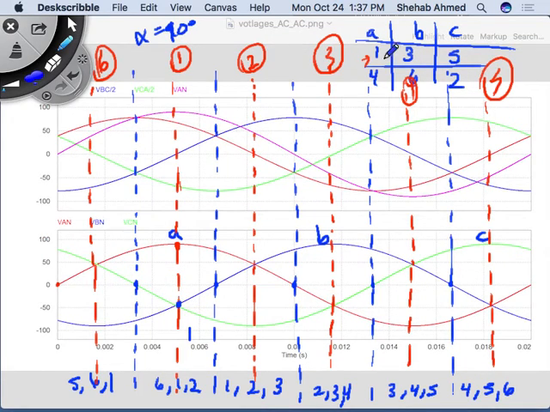Current has to come from the source and come back through another path. In this case, A is the highest, and I provided a gate signal for thyristor 1. Current will flow from a higher voltage to a lower voltage, even if the two voltages are positive, or even if the two voltages are negative.